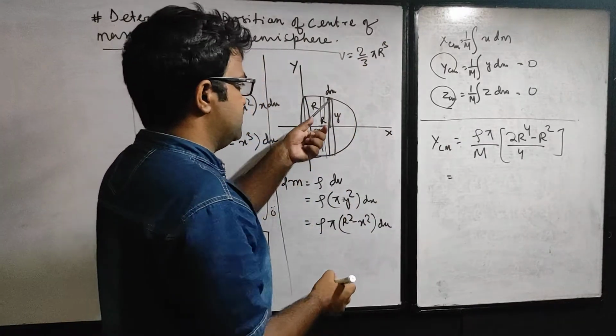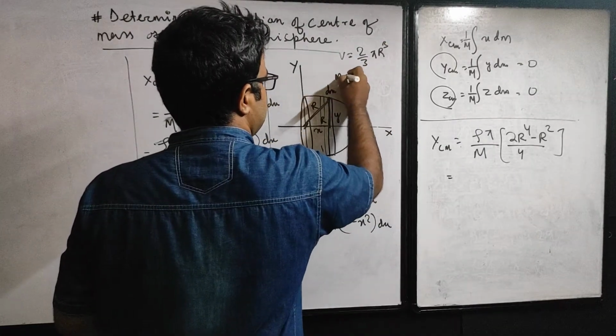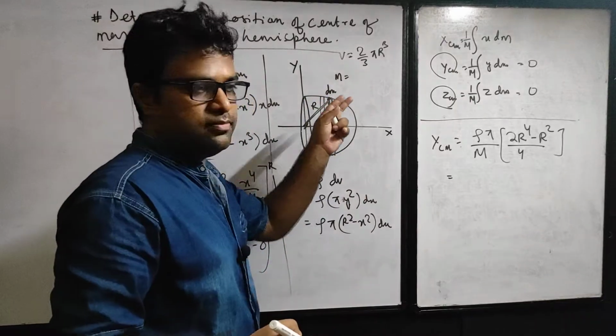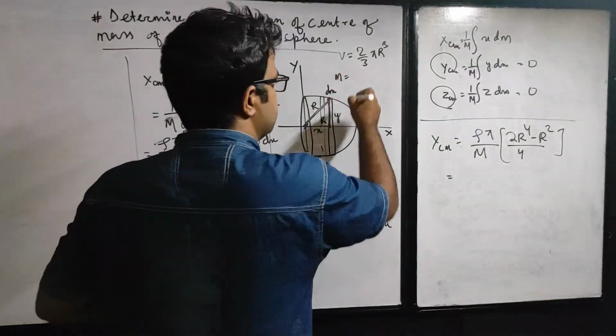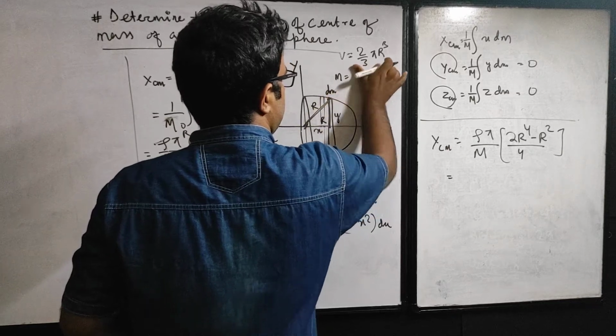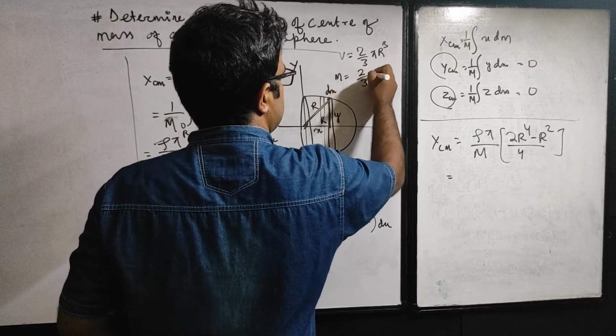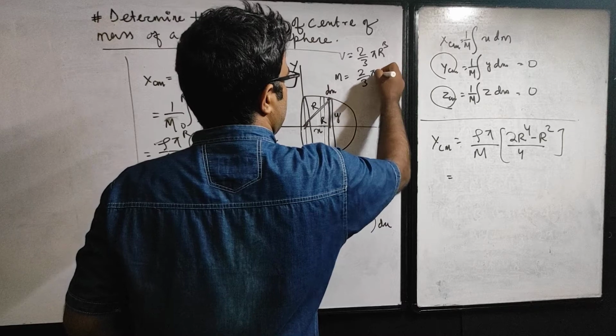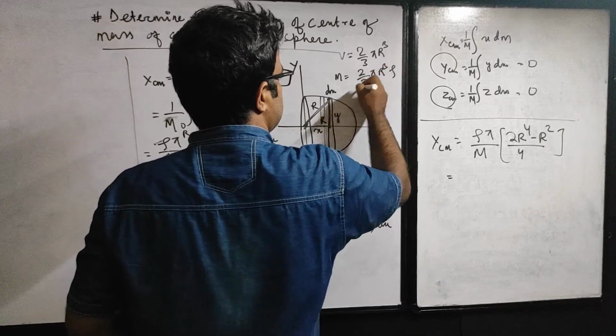Then what is the mass? Mass upon volume is density, so mass is density into volume, or you can say 2 by 3 pi r cube rho. This is your mass.